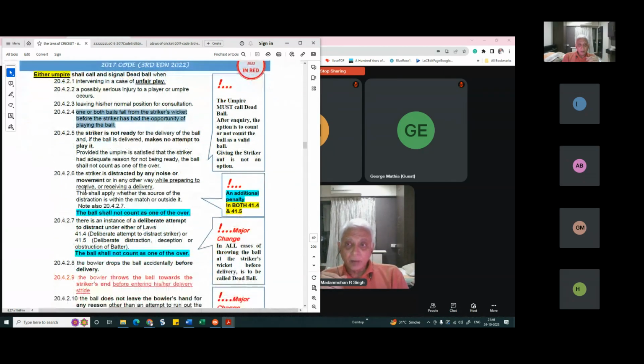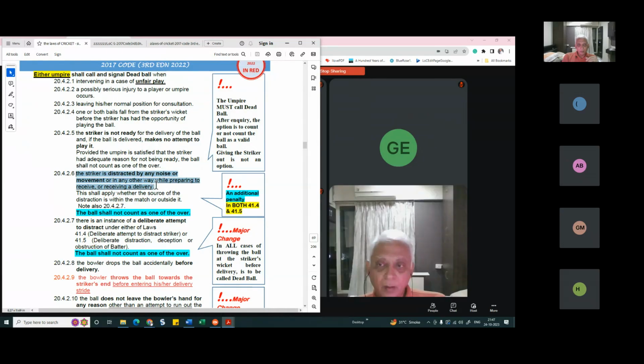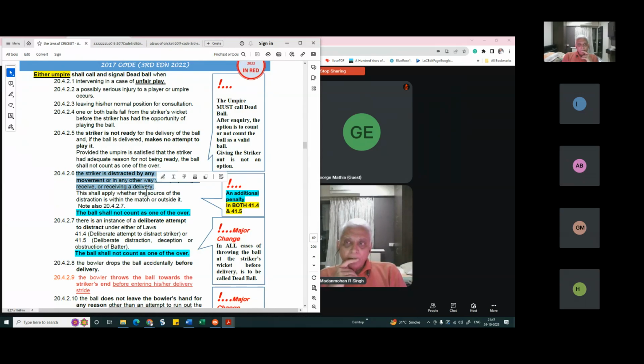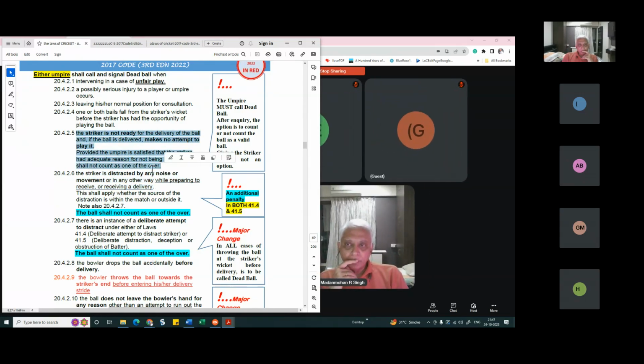Striker not ready, and the striker is distracted by any noise or movement or in any other way while preparing to receive or receiving a delivery. See, there is a difference between this and this. Here he may even have played it. Here it is very clear that he backs off and makes no attempt to play it.